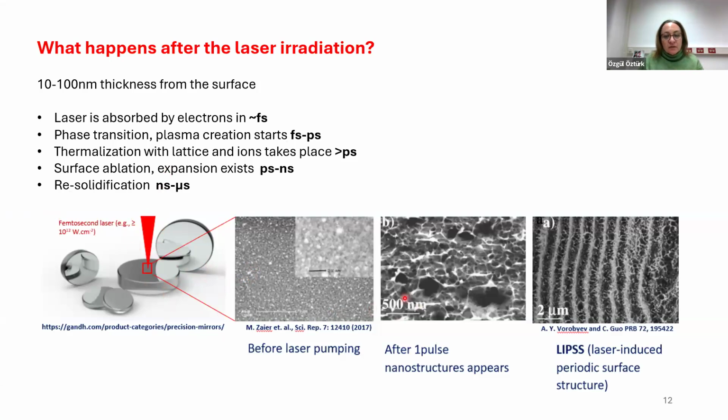So what happens? Laser is absorbed by the electrons in the sample in femtoseconds. Then a phase transition, maybe a plasma state, starts in femtoseconds to picosecond time scale.